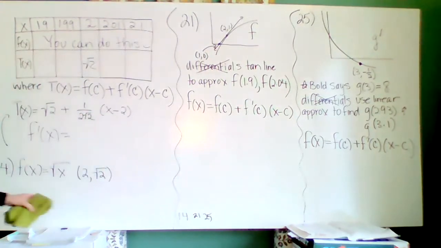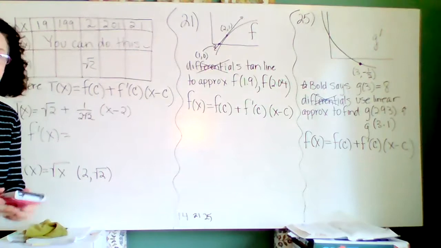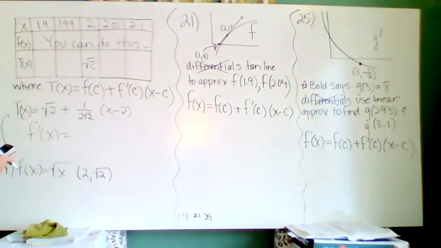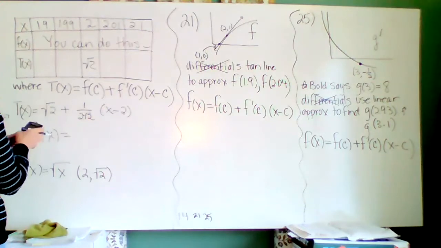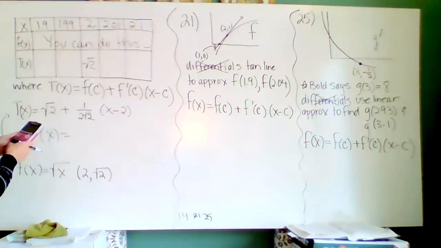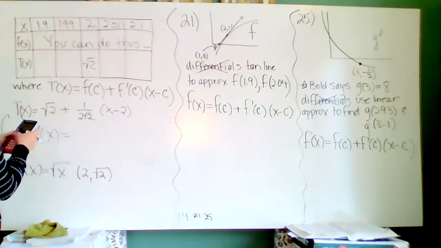And I'm going to put that in my y equals very carefully, making sure it's really doing what I want. So that would be the square root of 2 plus, I'm going to use an ND here, 1 over 2 square roots of 2, and then that is times x minus 2.